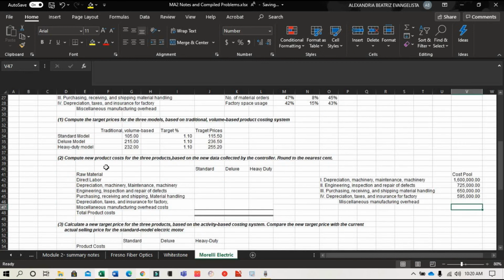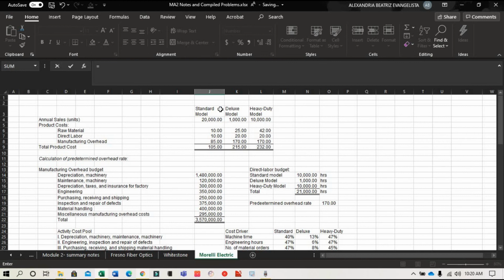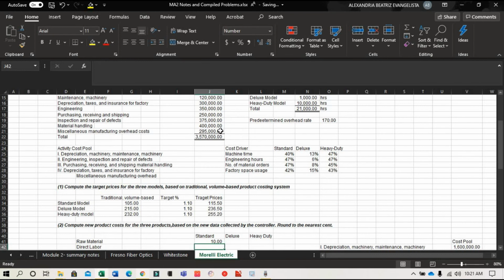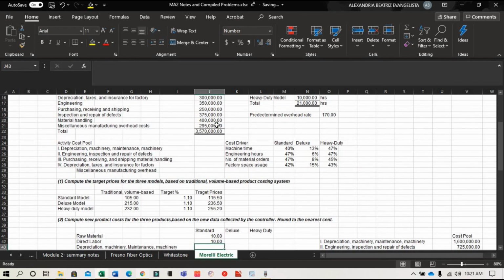So now let's compute the new product costs of the three products based on the new data collected. For the raw materials, for standard, that is 10. Its direct labor is 10 as well.